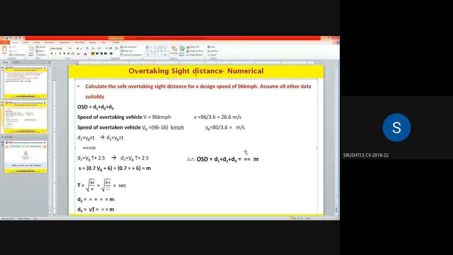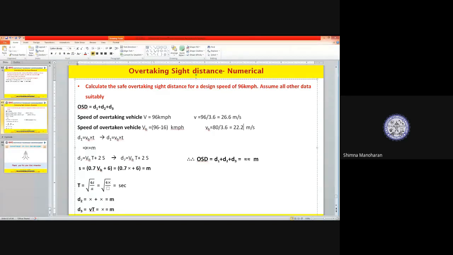22.2, ma'am. Okay, so next, Suyash? Yes, ma'am. Compute D1. What is D1? D1 is VB into T. That means the speed of the overtaken vehicle, the slow speed, into the reaction time.